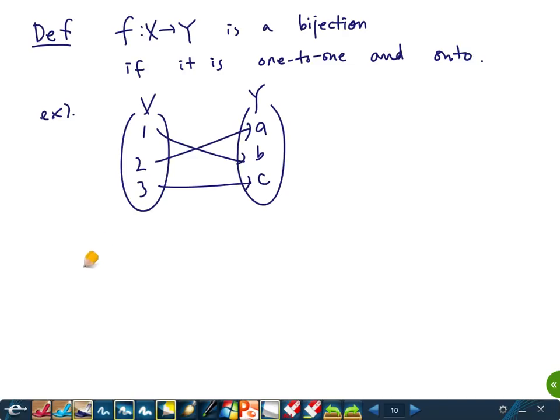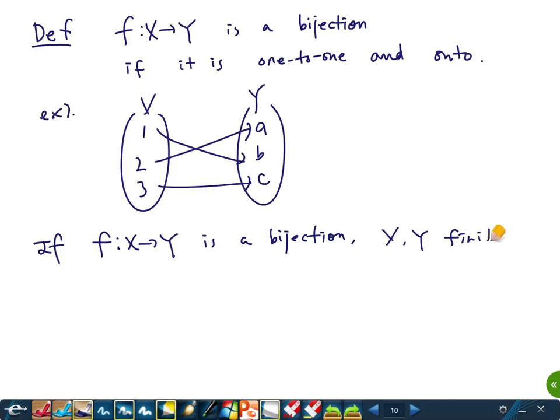Then what you can say is that the cardinality of X must be equal to the cardinality of Y, because this gives us a one-to-one correspondence. So the cardinality must be the same.